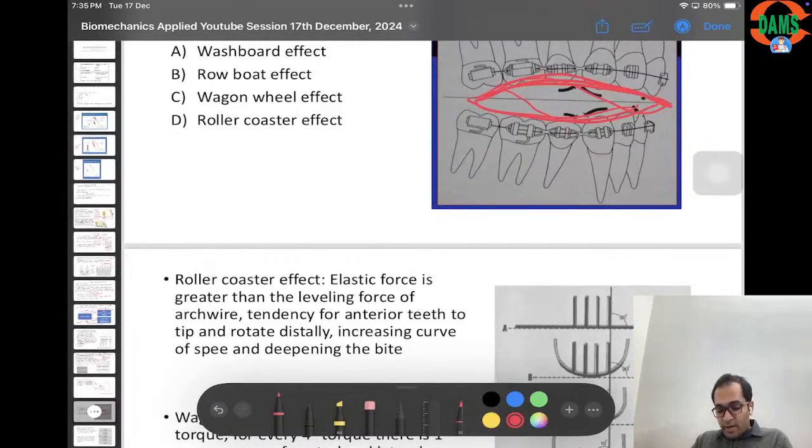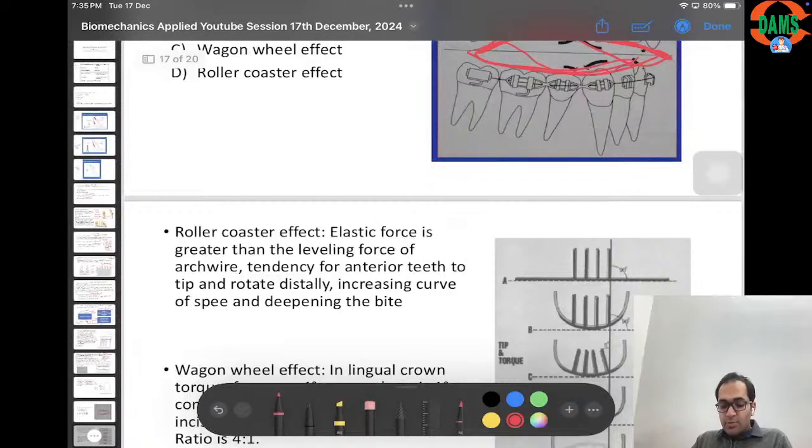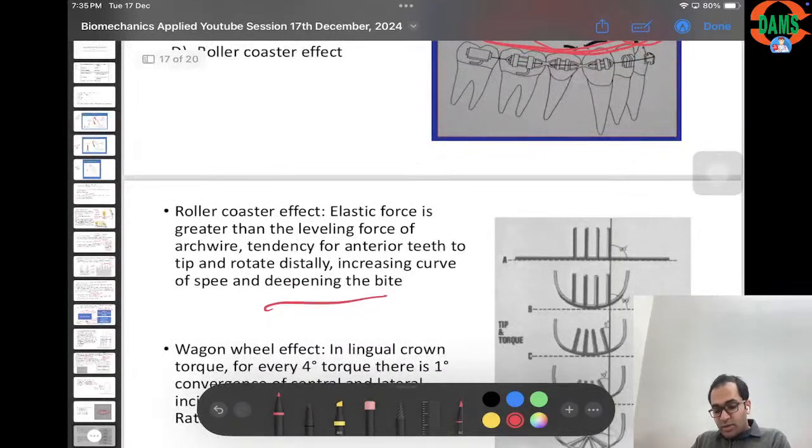Okay, and what will happen? It will have a tendency to increase the curve of Spee and deepen the bite. Okay, and why does it occur? If the elastic force is greater than the leveling force of the arch wire, meaning the elastic force we applied was applied on a thin wire, a circular wire of low dimension.